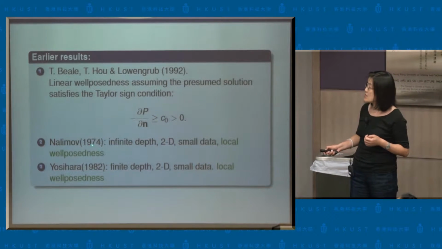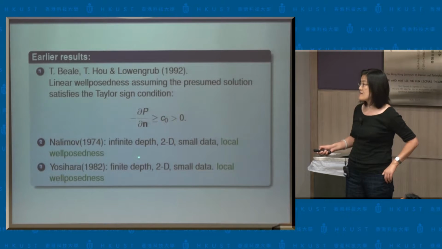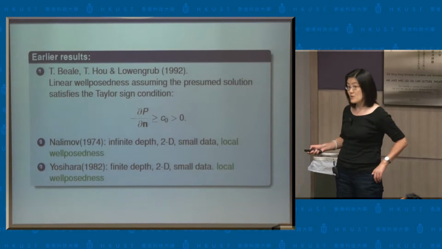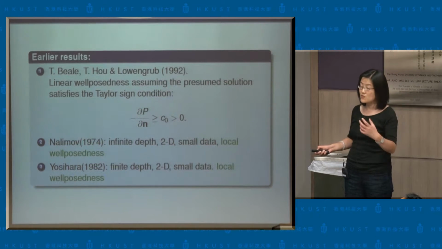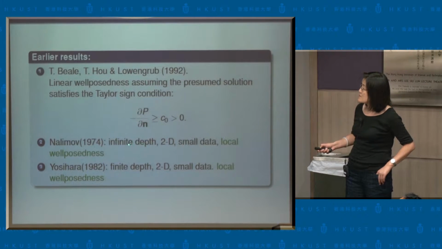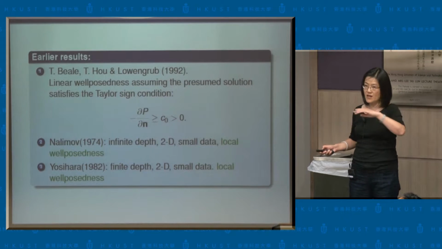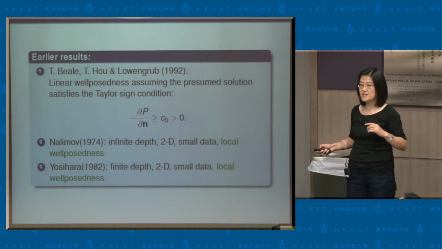This is the first work studying well-posedness. Well-posedness means that if you are given initial data, there should be a unique solution for a short period of time. This is what Nalimov showed, for infinite depth, 2D water waves, small data: if initially the wave is small and the velocity is small, it remains smooth and small for a short period of time.